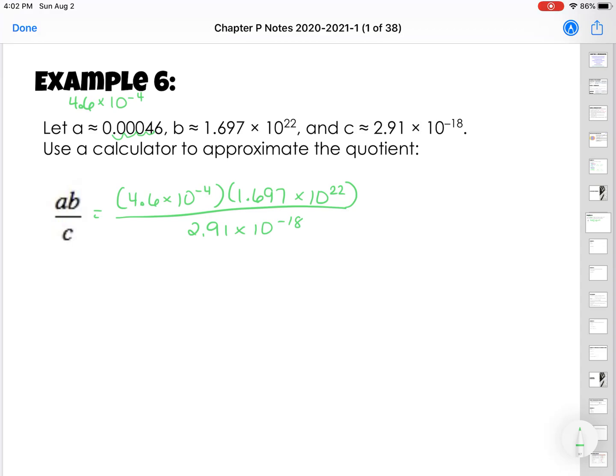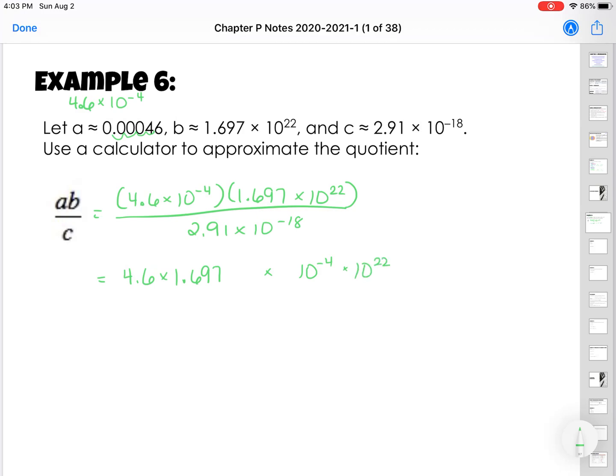Okay. So really what I want to do is separate the numerator a little bit. That's really 4 numbers being multiplied in the numerator, right? We've got 4.6, we've got 10 to the negative 4th, we've got 1.697, and we have 10 to the 22nd. So we're going to rearrange the order we multiply them in. So the first thing I'm going to do is say, okay, let's do just 4.6 times 1.697 first. Some messy number. And then we're going to multiply 10 to the negative 4th times 10 to the 22nd.